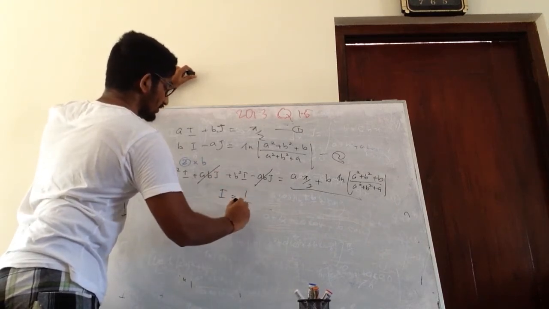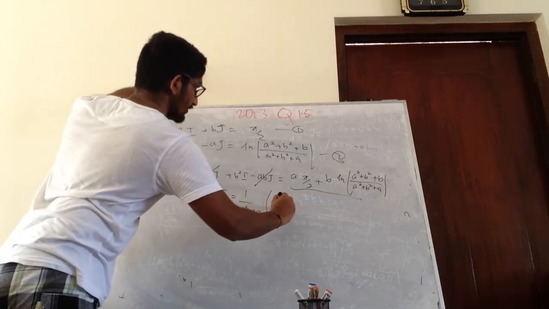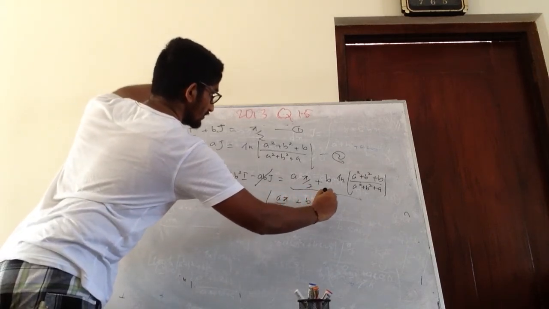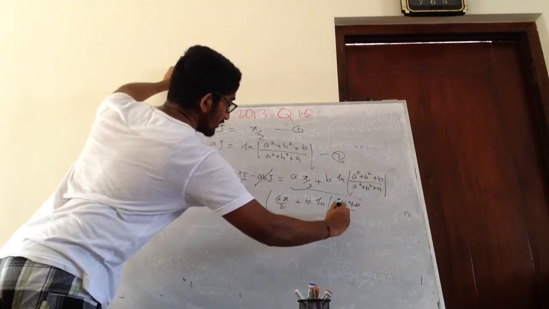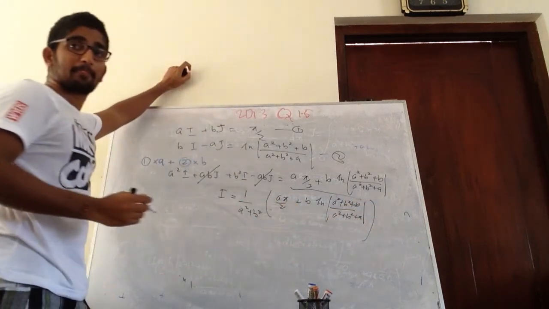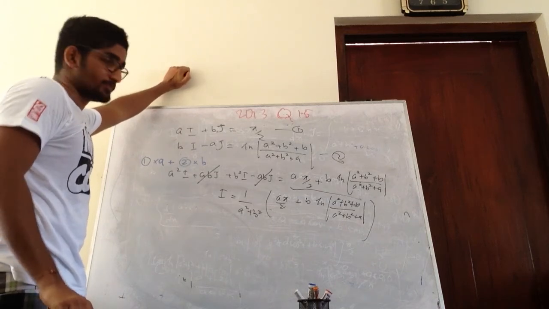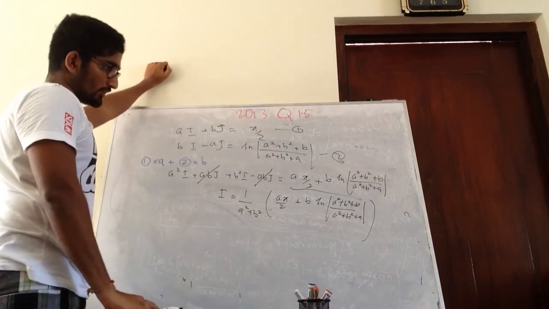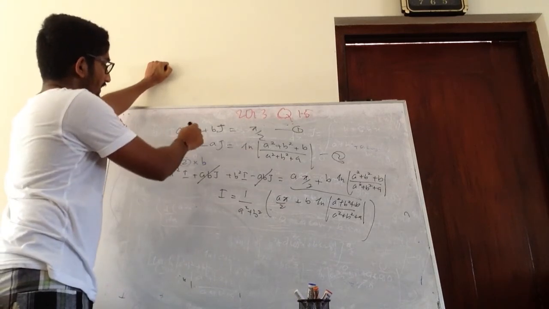I is equal to 1 over a squared plus b squared times a times 5π/2 plus b ln of a squared plus b squared plus b over a squared plus b squared plus a.